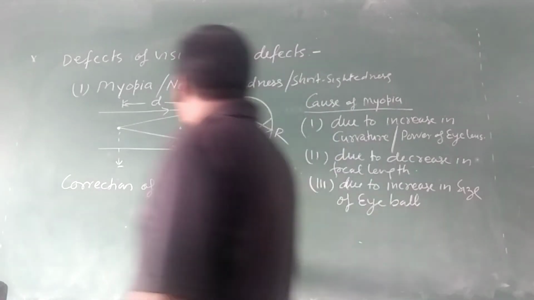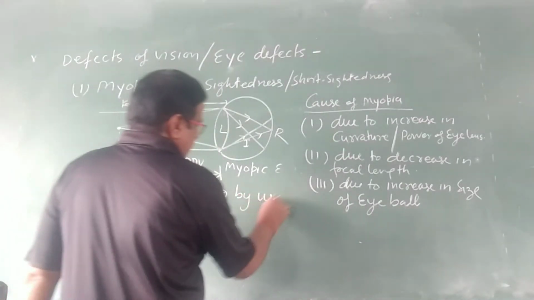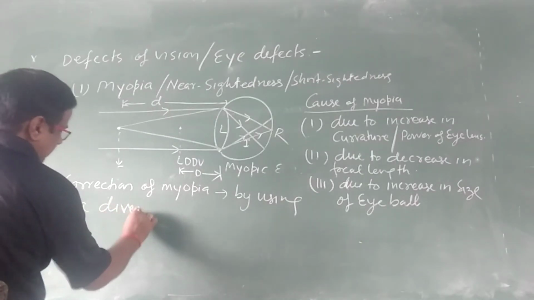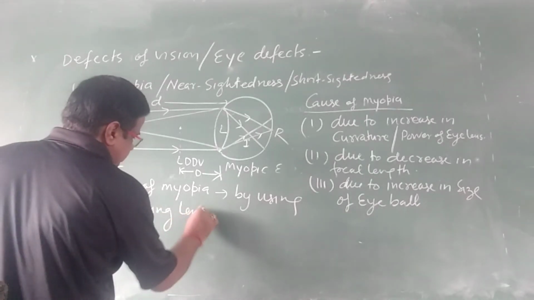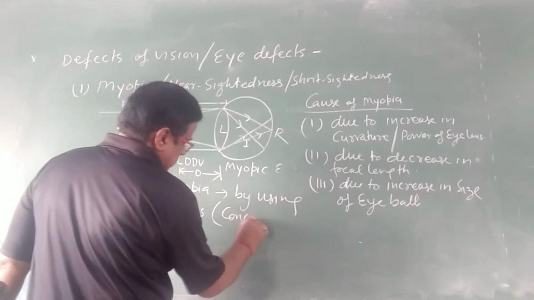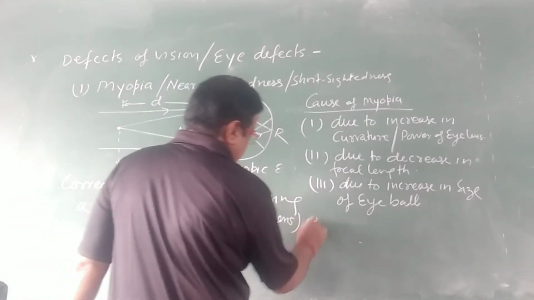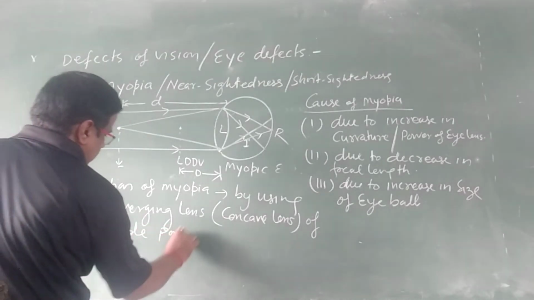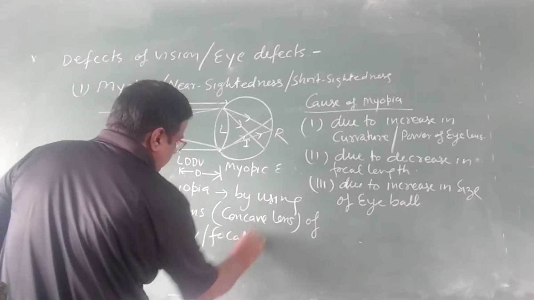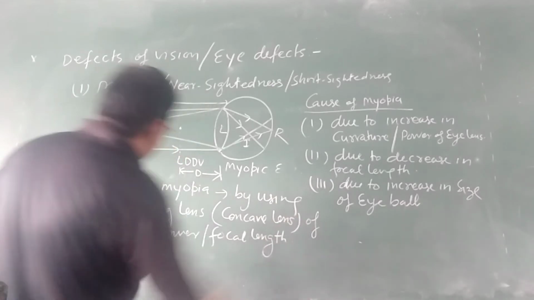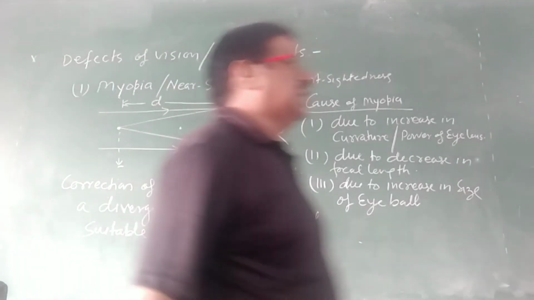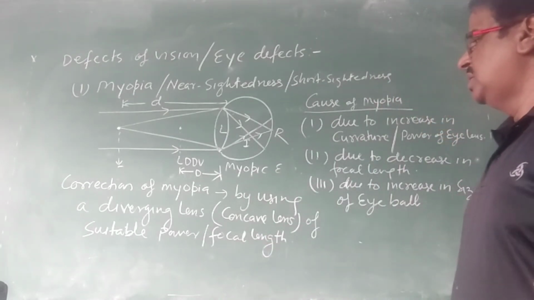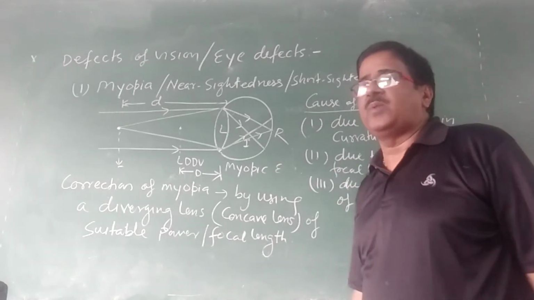So it is corrected by using a diverging lens, that is, a concave lens of suitable power or focal length.